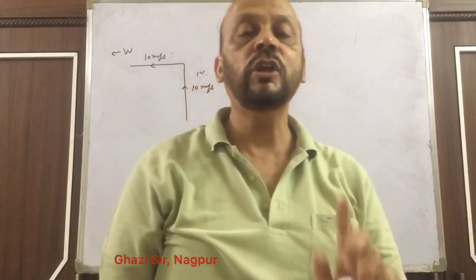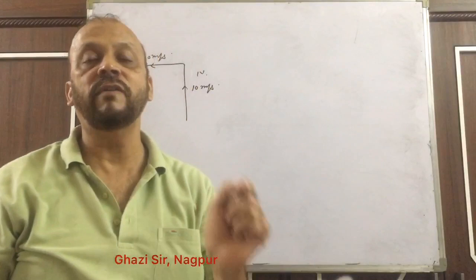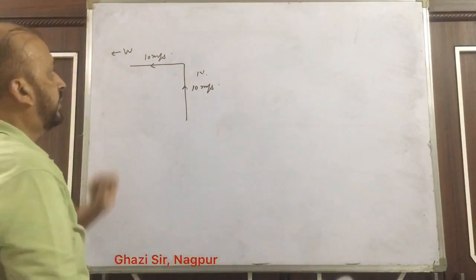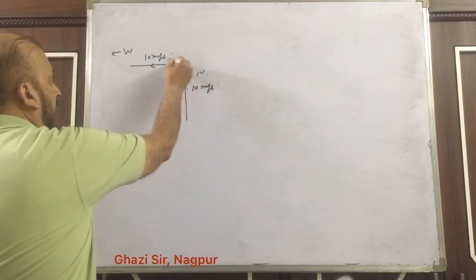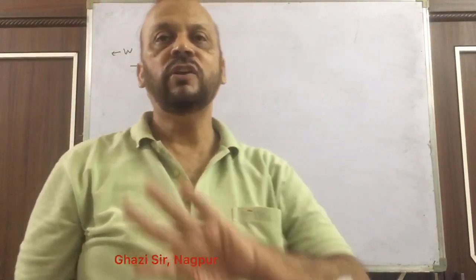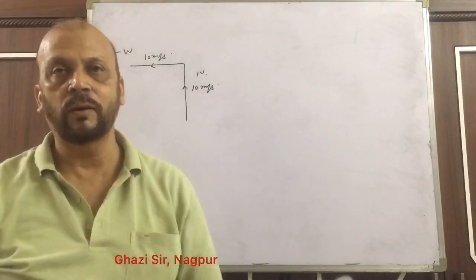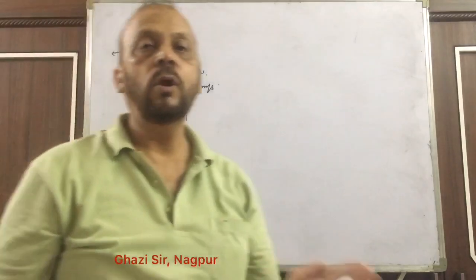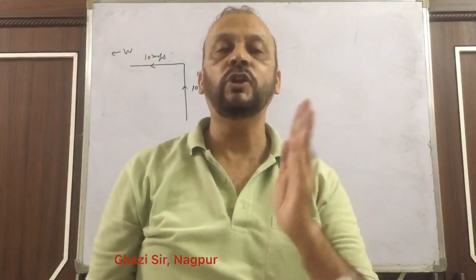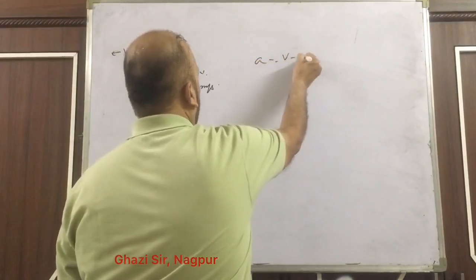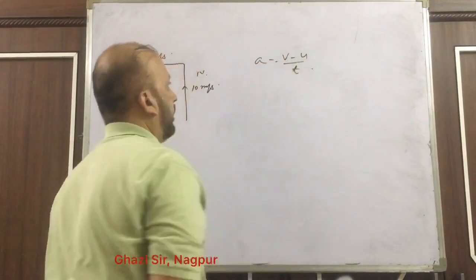So this change in velocity will also produce acceleration, and acceleration is the rate of change of velocity. Suppose he is taking the turn at this point, and suppose it takes 1 second to change the direction. So acceleration is equal to change in velocity per unit time, v minus u upon t.